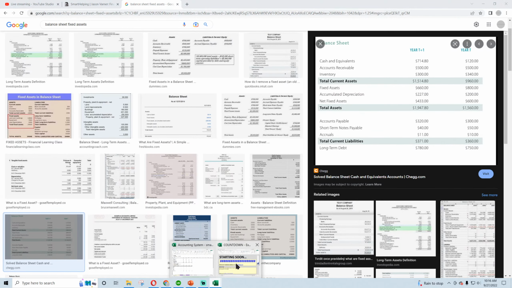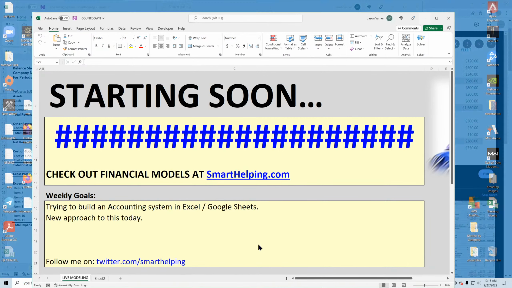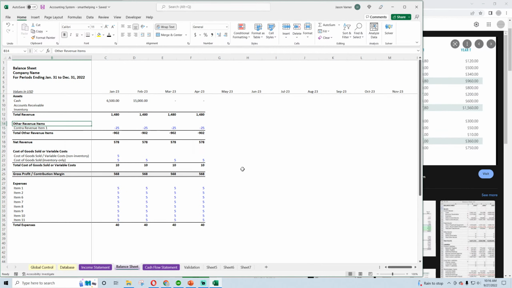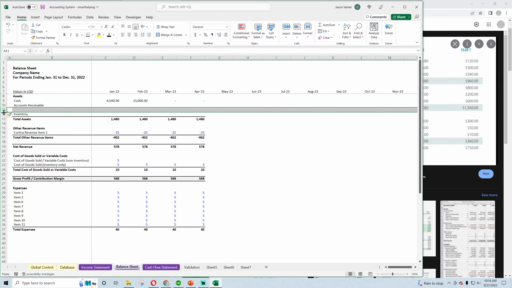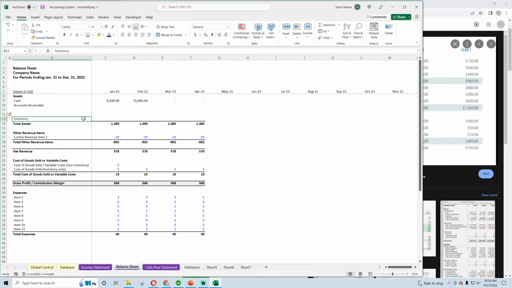Okay, so what we can do, and I wish I could get this stupid countdown out of here. Oh, there it goes. Okay, so we can have assets, total assets. Let's put a couple spaces in here because we want to also put in total current assets as its own thing, and this will be just a regular bottom border.